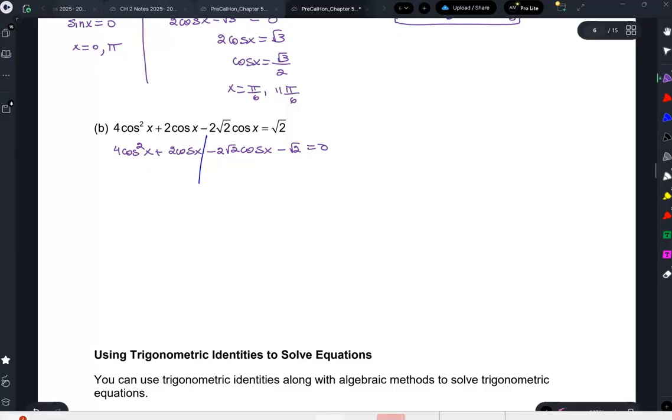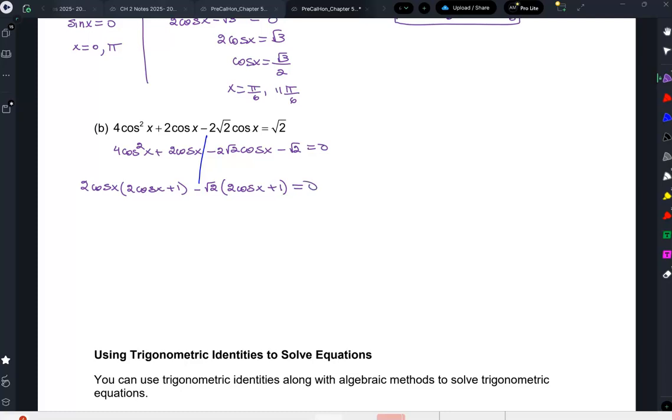From this side, I can factor out 2 cosine x, so I get 2 cosine x plus 1. Here, what do you suggest I factor out? How about negative root 2? So then I get 2 cosine x plus 1. Oh my God, I get the same term.